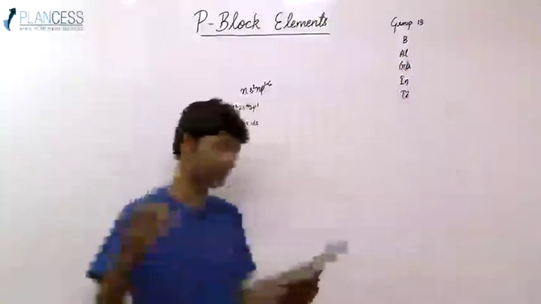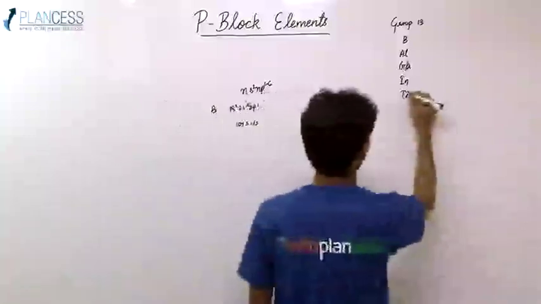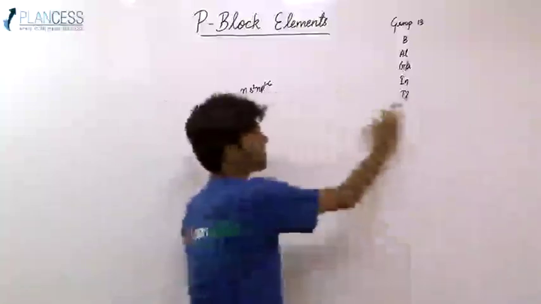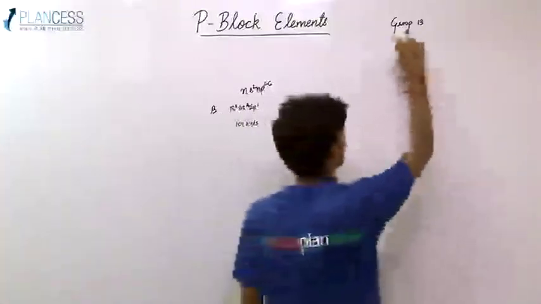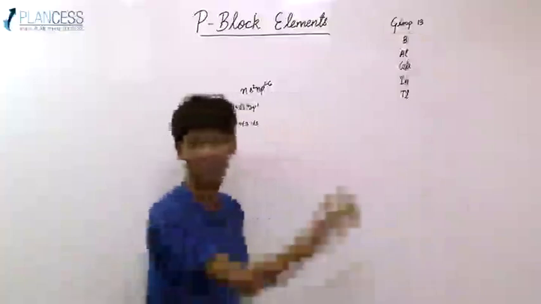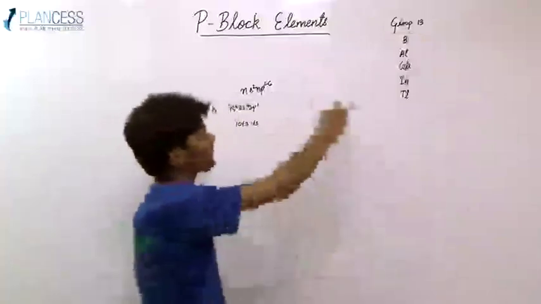As we go down the group, it's not that important. Thallium and indium, very few properties we are going to study. Most of the properties we are going to study are of boron and aluminium as far as group 13 elements are concerned. So first, general properties of group 13.